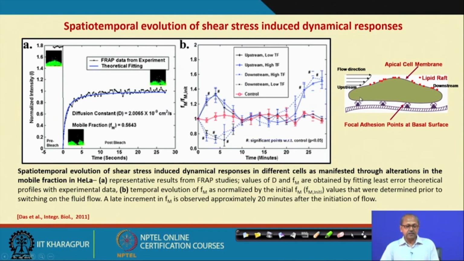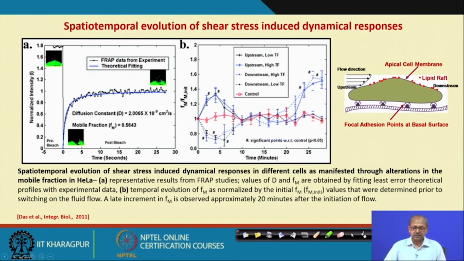So, we are calculating the fluorescence recovery after photobleaching with respect to F m by F m initial, normalizing the data. We are calculating how much fluorescence recovery there is at the upstream and downstream ends in the presence of fluid flow.